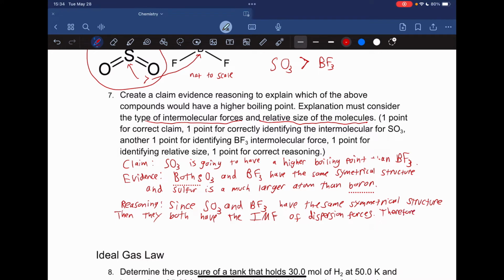Therefore, the type of IMF does not matter.